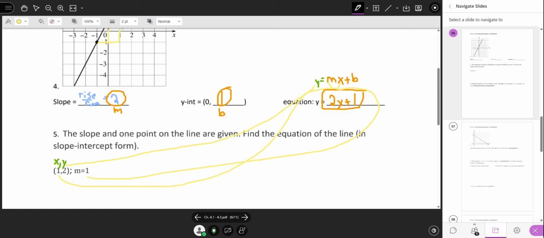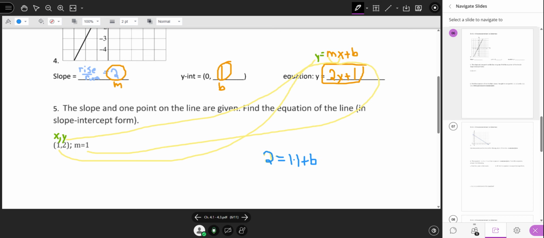So 2 equals 1 times 1 plus b. Well, I know that that is 1, and I need to get b by itself, so I minus 1 to both sides.